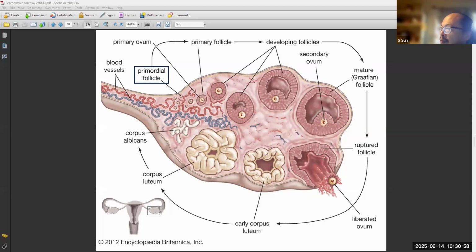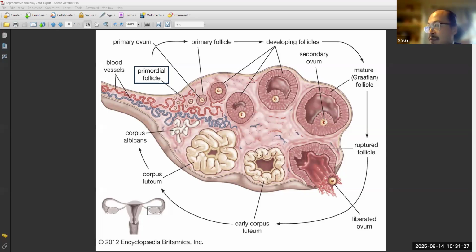The ruptured follicle residual portion will become the corpus luteum. Corpus means body, luteum means yellowish. So this yellowish body, corpus luteum, is important because it is the group of cells that produce progesterone and estrogen.